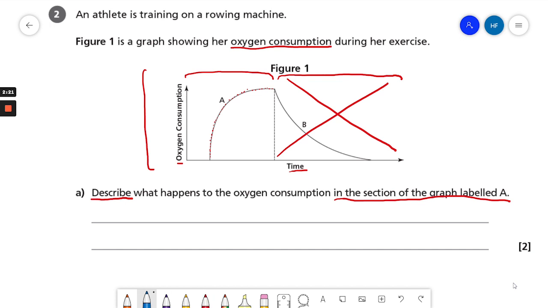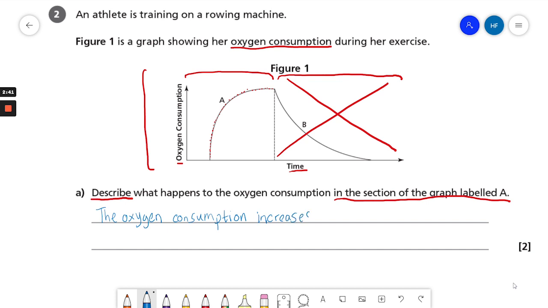I'm going to say the oxygen consumption now it goes up. The scientific word for that would be increases, and we can see that it increases really quickly.